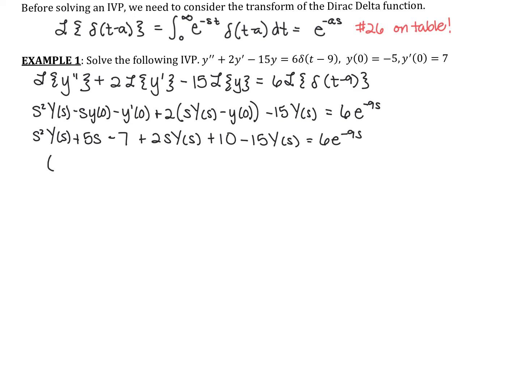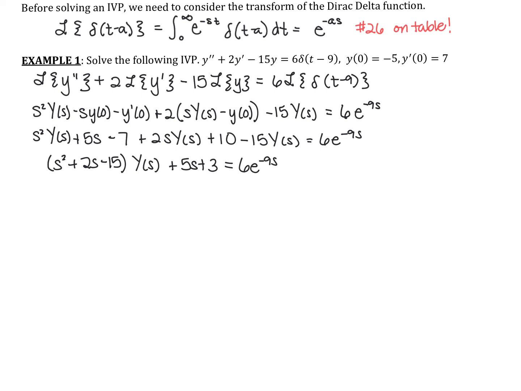So, grouping our like terms, we would get s squared plus 2s minus 15 times Y(s), the Laplace transform of y, plus 5s plus 3 equals 6e to the negative 9s.